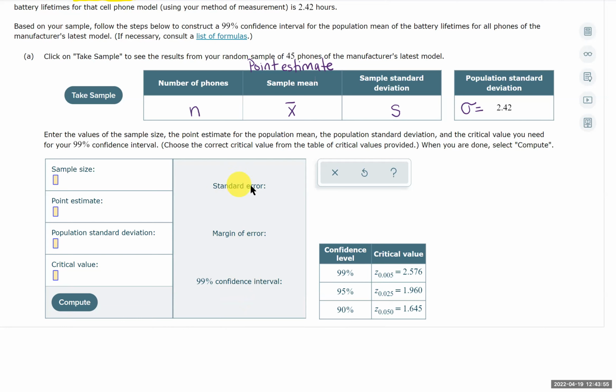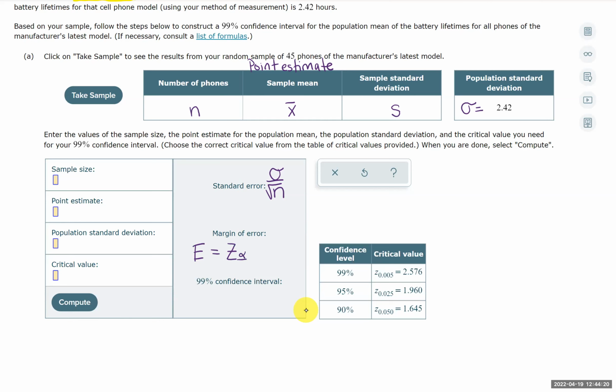But again, I'm just going to review here the standard error. This is from the central limit theorem. That's sigma over the square root of n. So that's the standard error of the sampling distribution. All right, margin of error. ALEKS is going to just give you the answer, but I'm just going to remind you that we know how to find that.